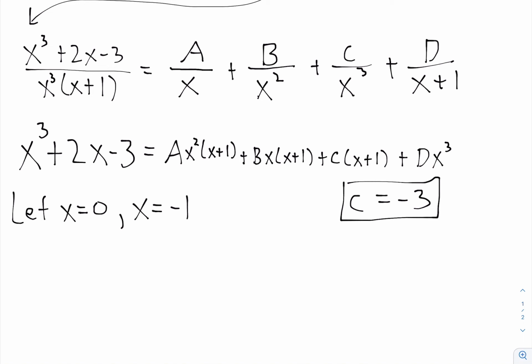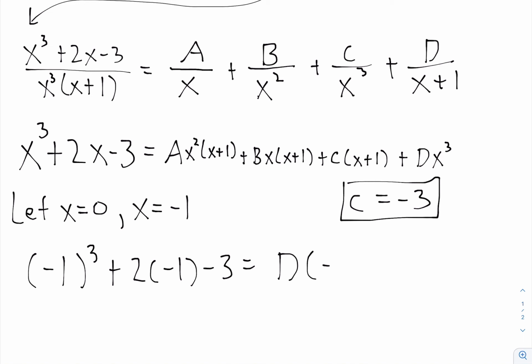So on the left side, we're going to get negative 1 cubed plus 2 times negative 1 minus 3 equals, all these three will go away because they have a factor of x plus 1, and we're going to be left with d times negative 1 cubed, because d doesn't have that factor of x plus 1.